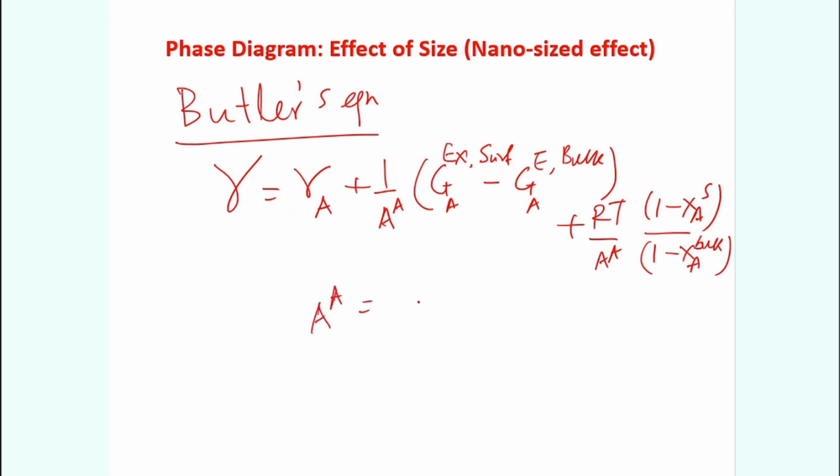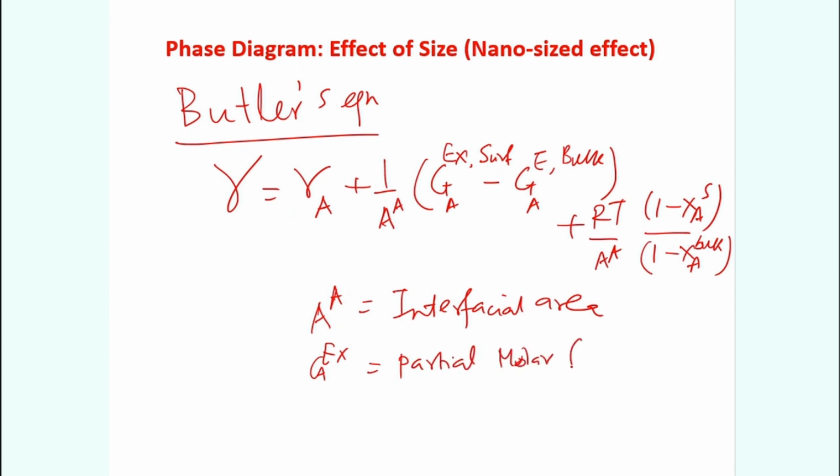A is the interfacial area, right, and these excess terms, surface and bulk, are partial molar free energies of surface or bulk.